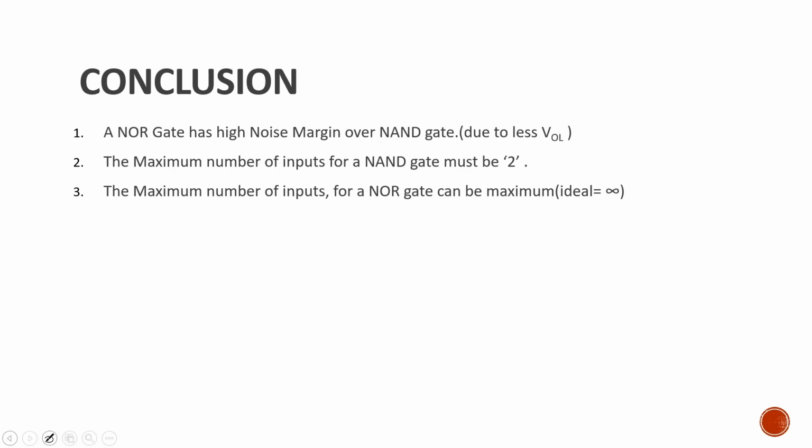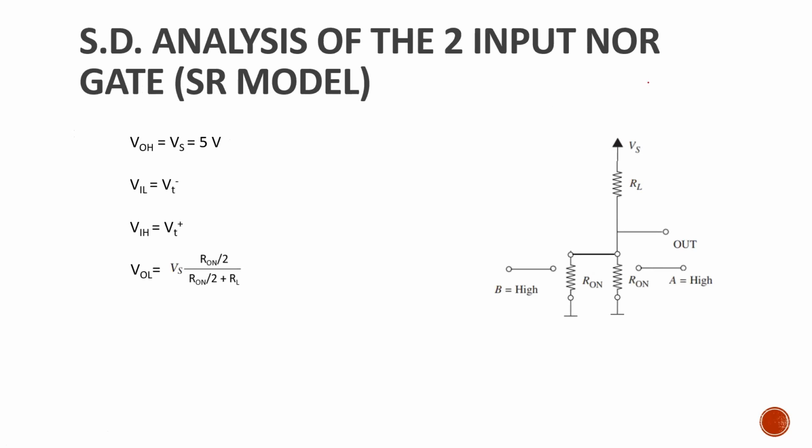If you connect the maximum number of inputs, you see here, this is a NOR gate. It's a two input, A, B, so in the numerator I got R on by 2. Ideally, I'm expecting VOL to be 0, then only my noise margin will be very high.